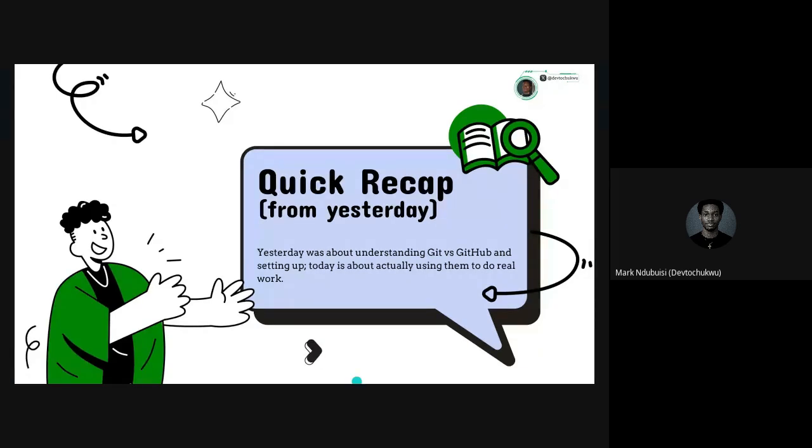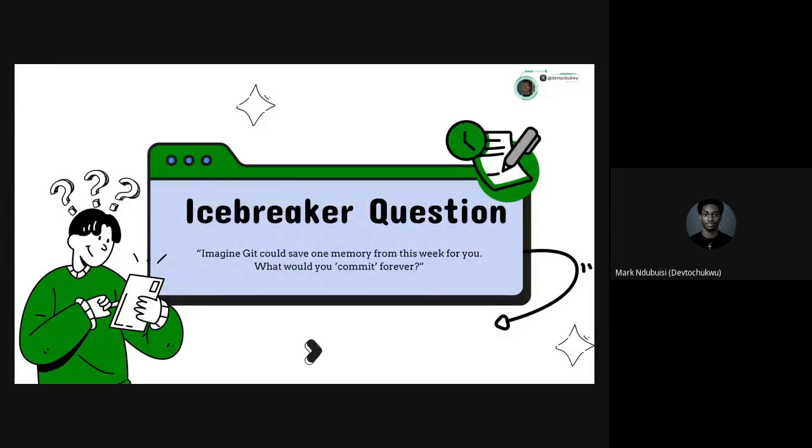So I have an icebreaker question just to start the day. Imagine Git, as we know it, could save one memory from this week, although the week just started. If it could save one memory for you, what would you commit forever?